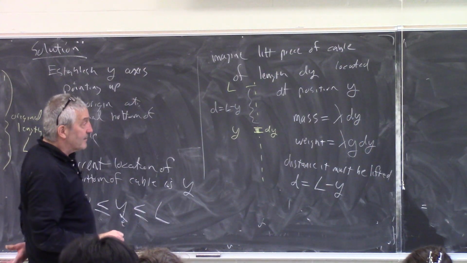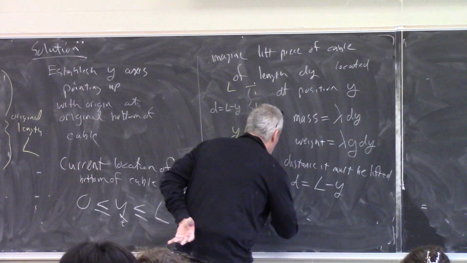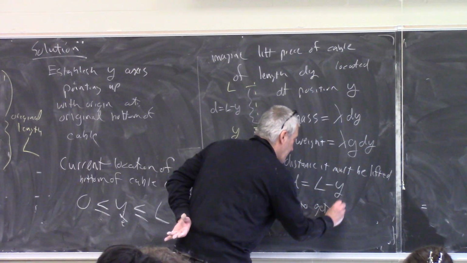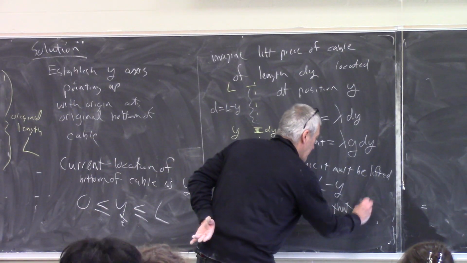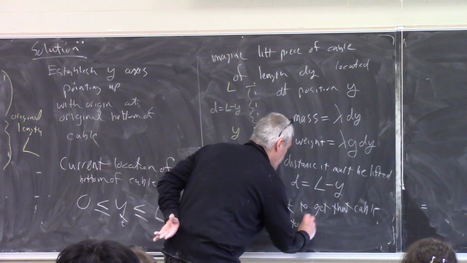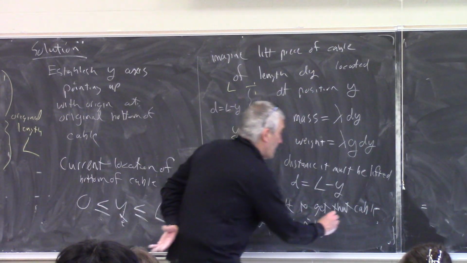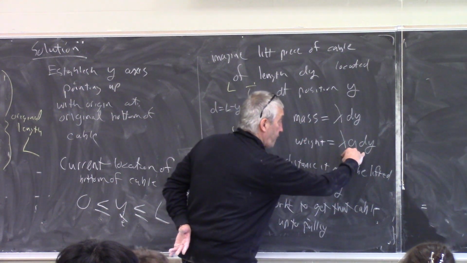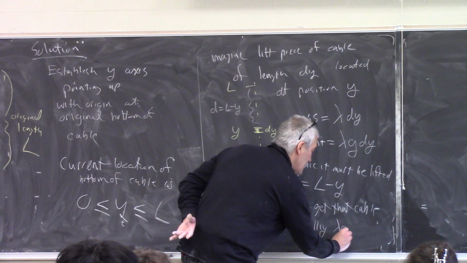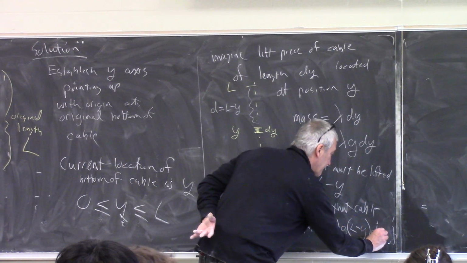And so the work to get that little piece of cable up to this pulley would be that force times that distance. So lambda g times the quantity L minus y dy.